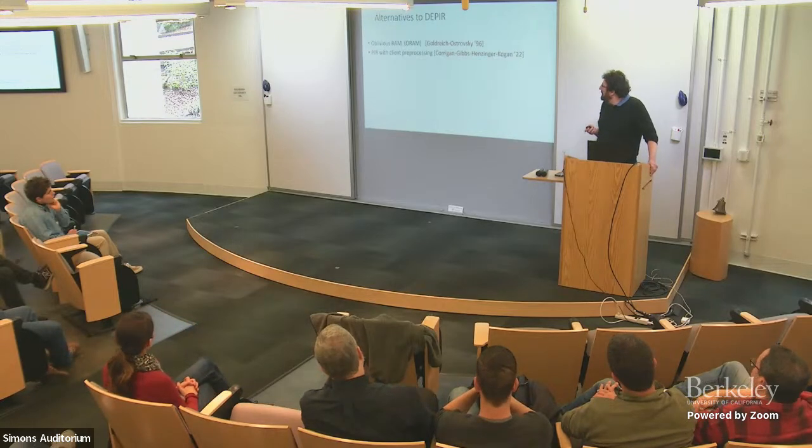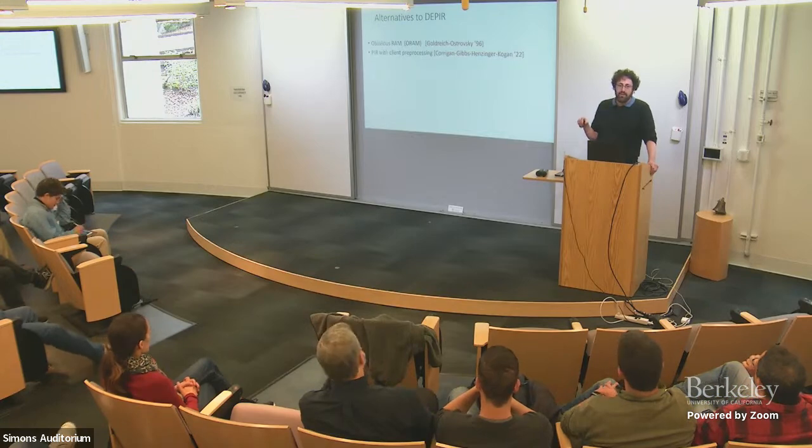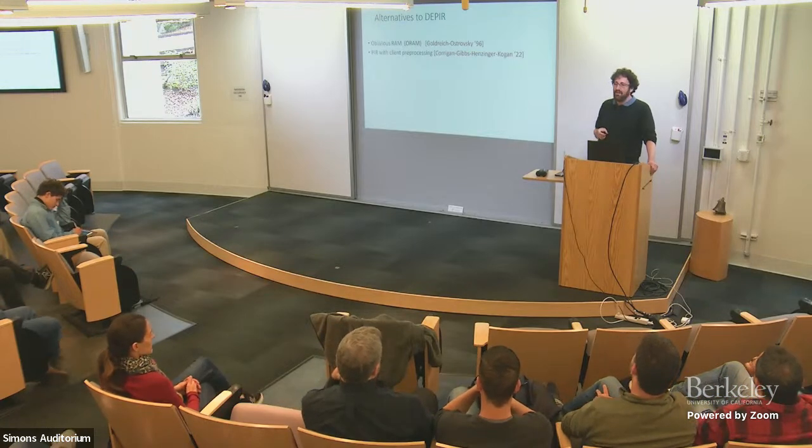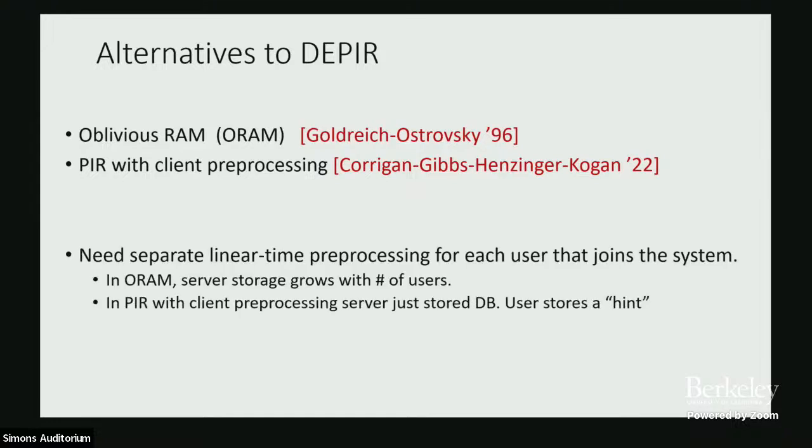Good. So I want to quickly compare to some related notions in cryptography that address a conceptually similar problem, where you want to access remote data without revealing what you're accessing, namely oblivious RAM and a more recent notion of PIR with client-side preprocessing. The main difference for both of these notions and what we do is that in these notions, you need a separate linear time preprocessing of the database for every user that joins the system.